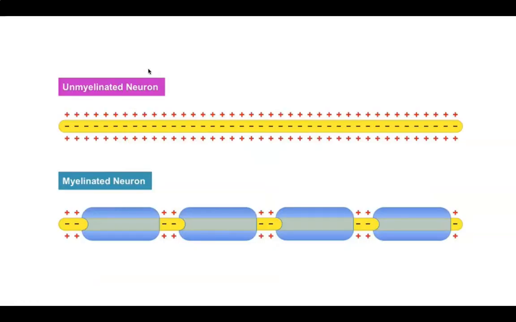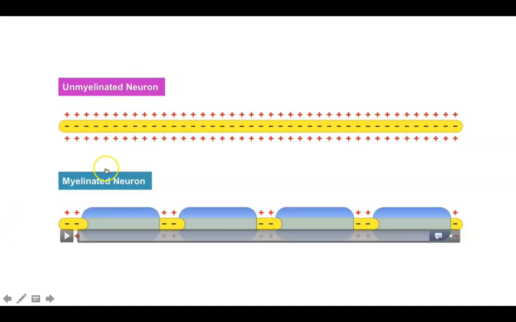So let's have a look at what this might look like. And it's also comparing myelinated to unmyelinated. So one's going to be a lot faster. Which one's that? It's the one that has the myelin sheath wrapped around it.